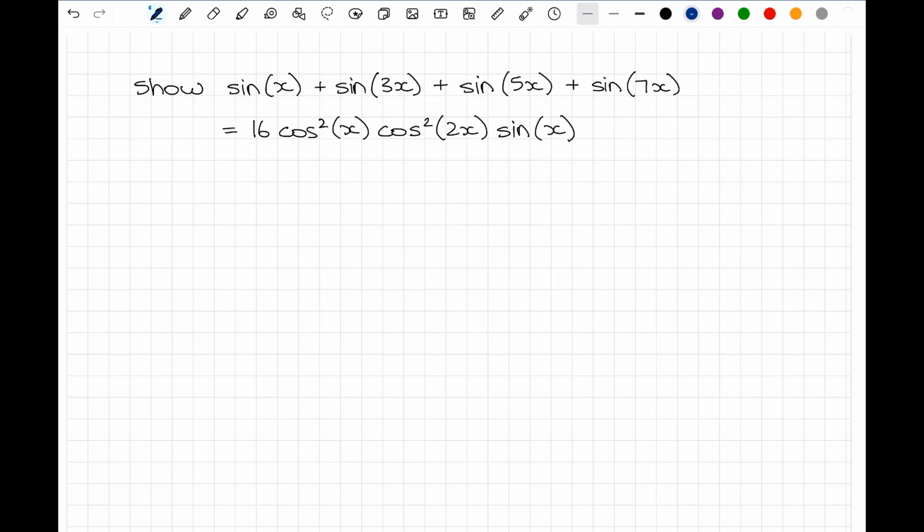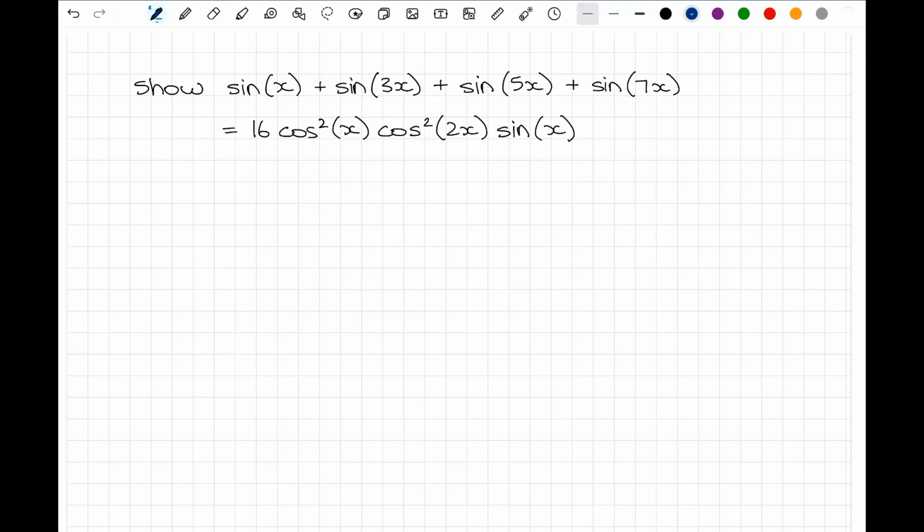If we start by looking at this result that we're trying to show, we've got sine of x plus sine of 3x plus sine of 5x plus sine of 7x, which I'll refer to as the left-hand side. And then our right-hand side is 16 cos squared x times cos squared 2x times sine x. The first thing to note is that on the left-hand side we have the addition of terms, all of them being sine terms.